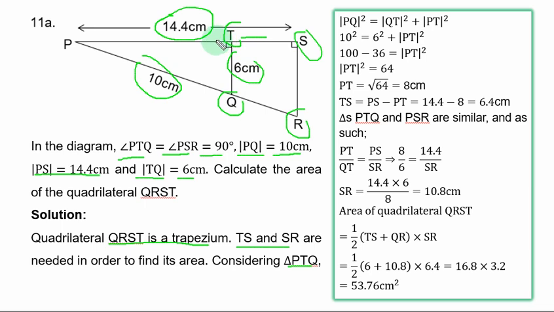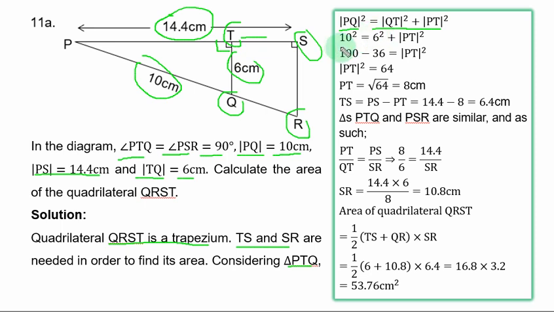The triangle is a right angle triangle, so we have to use Pythagoras rule. The rule states that the square on the longest side, hypotenuse, is equal to the sum of squares on the other two sides. Hypotenuse is PQ, then you have the other side.